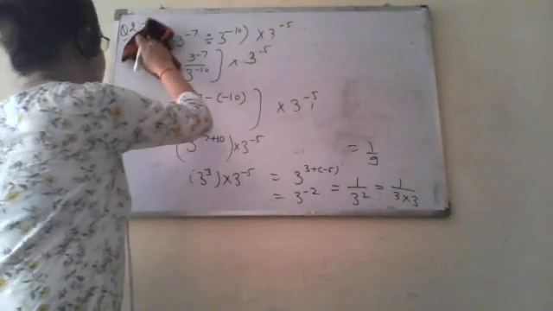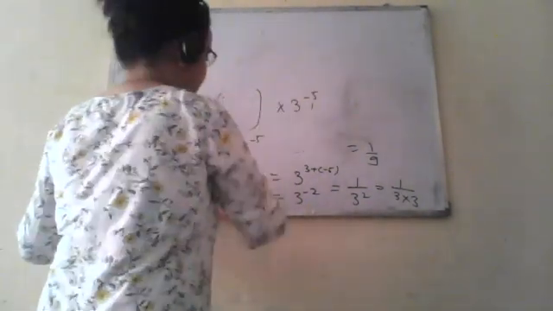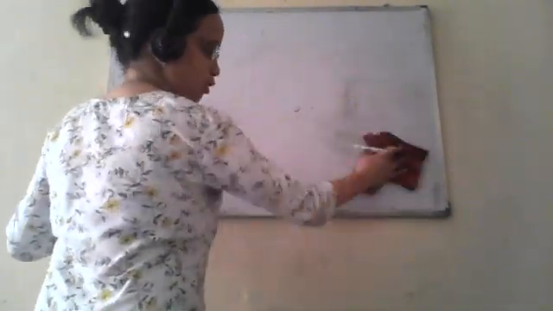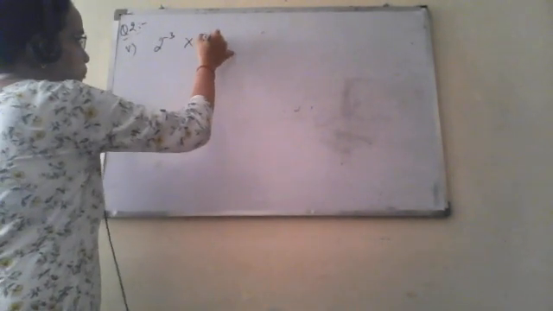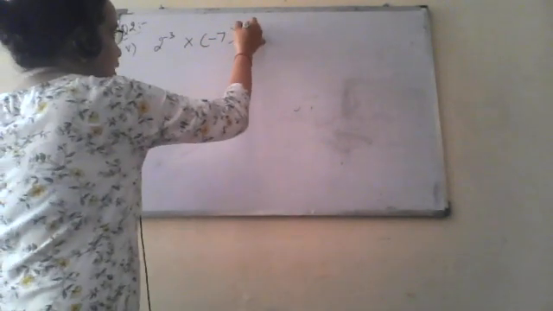Now last part of this question is, I hope things are getting clear to you all. Fifth part. It is 2 to the power minus 3 into minus 7 to the power minus 3.